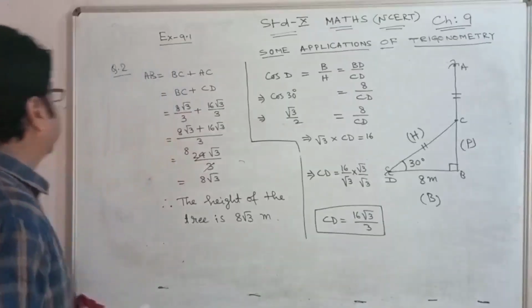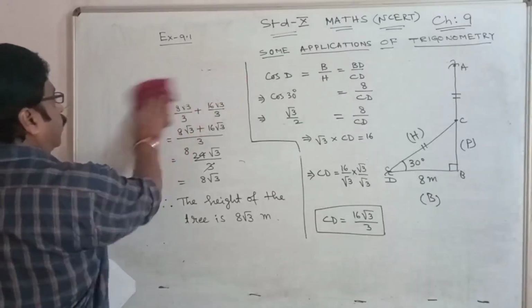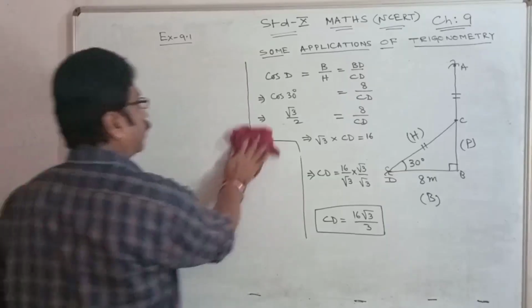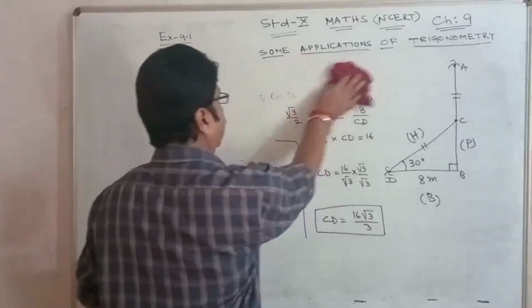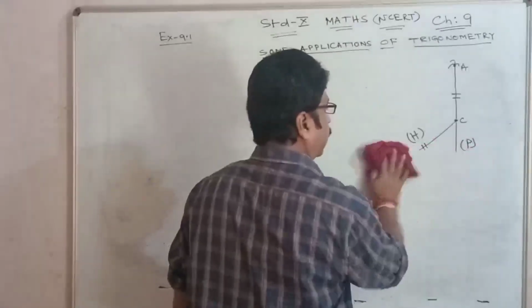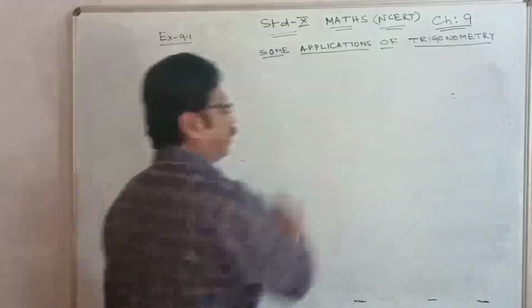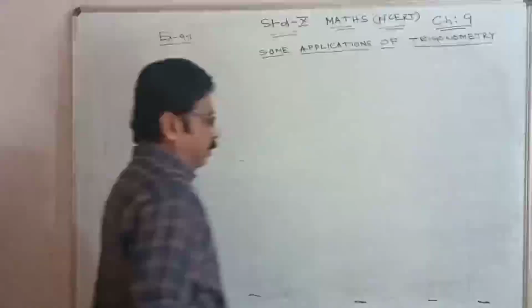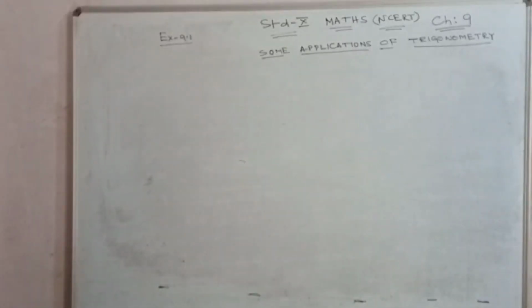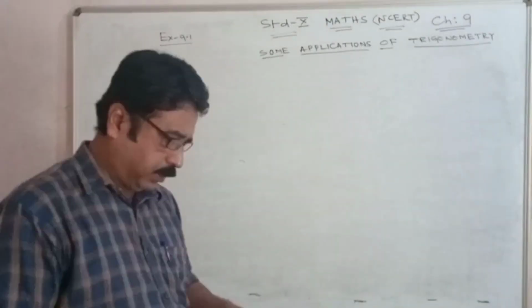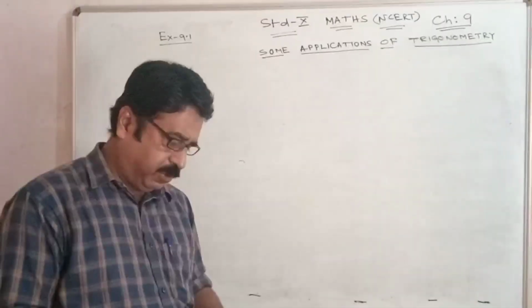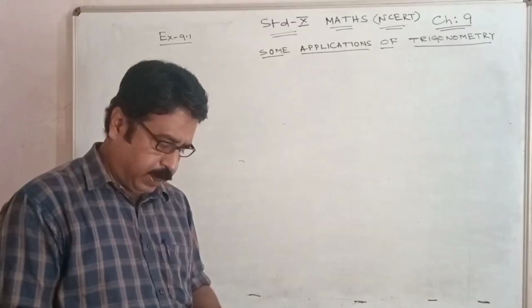Next, question number 3 will start. A contractor plans to install 2 slides for the children to play in a park.